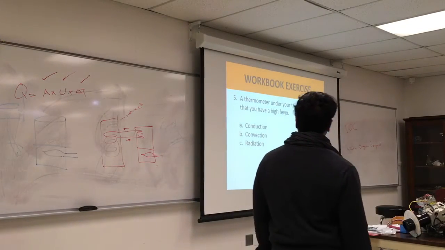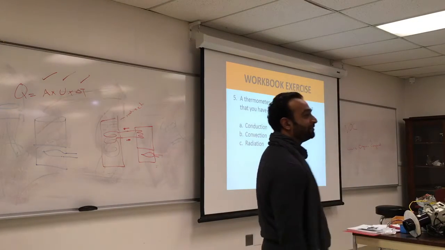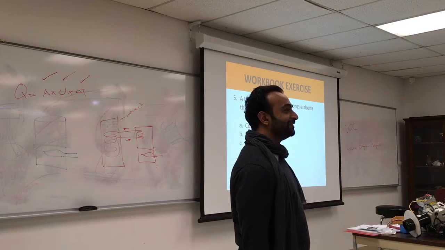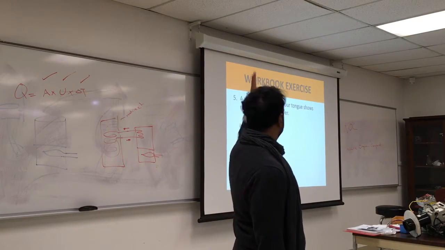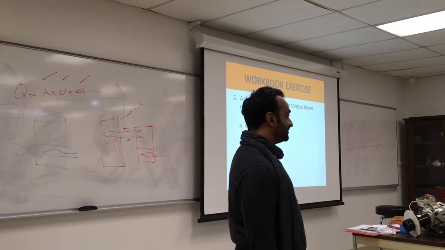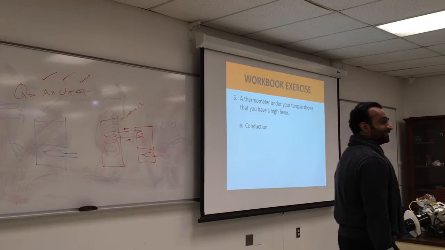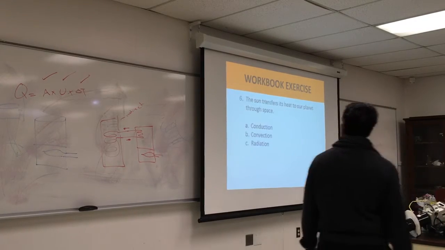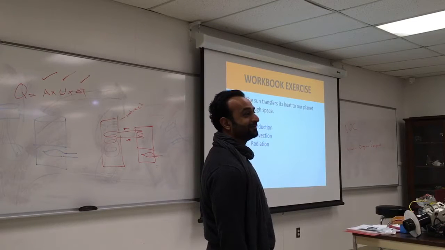A thermometer under your tongue shows that you have a high fever. Is that conduction or convection? I said it's conduction. So are these going to be like the questions on the test? Yeah, something similar. The Sun transfers its heat to our planet: radiation.